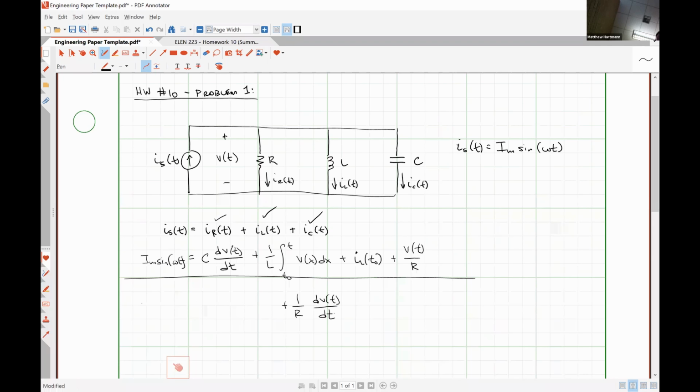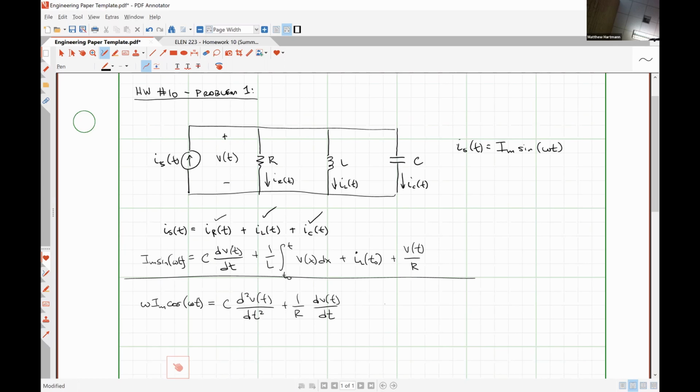All right. And if I take the derivative of the inductor current term, what's going to happen? That's the constant, so it'll go away, because the derivative of a constant is 0.